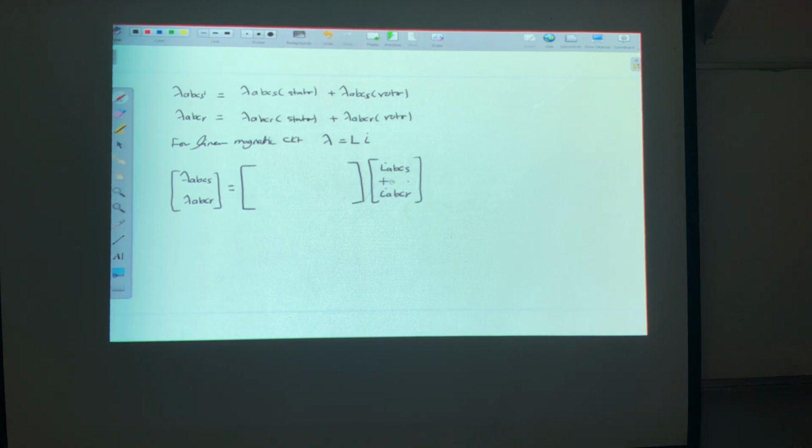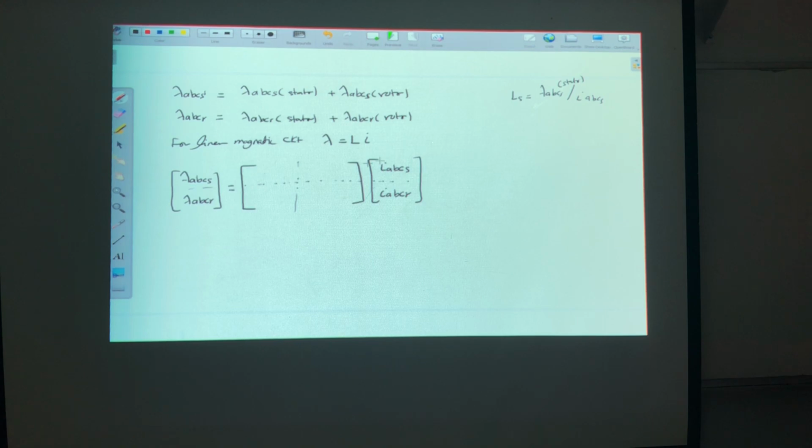Now I need to put a tag or a name for the inductance. The first one is what? This one is the inductance due to what? So simply if I need to find LS, it will be lambda ABCS over IABCS, and this will be due to the stator, correct?